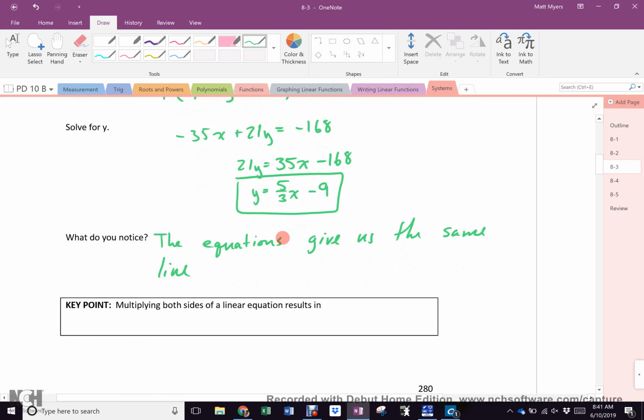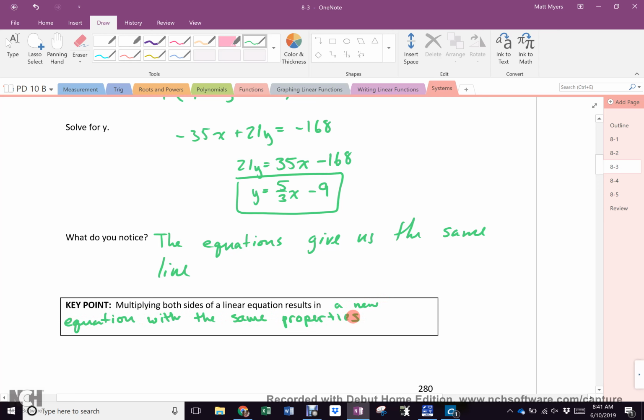So what does that mean? When multiplying both sides of a linear equation, what does that result in? We get a new equation with what? With the same properties. So, what does that tell us mathematically speaking?